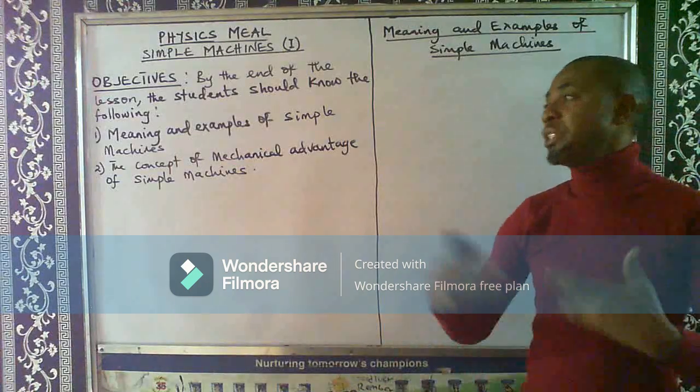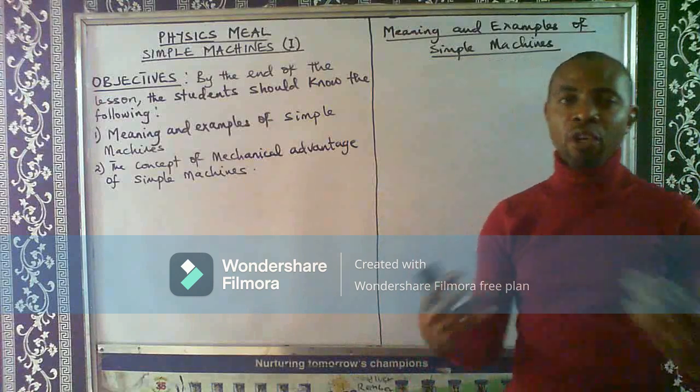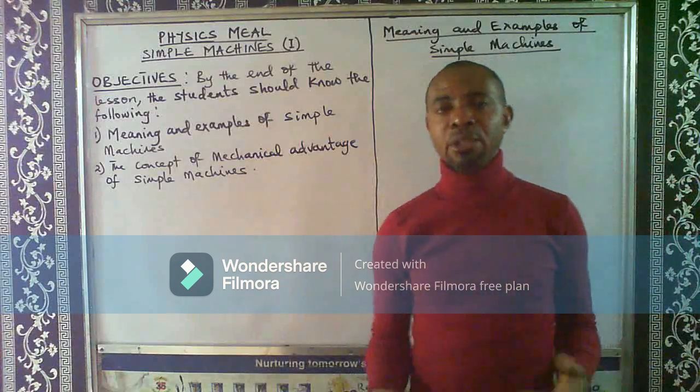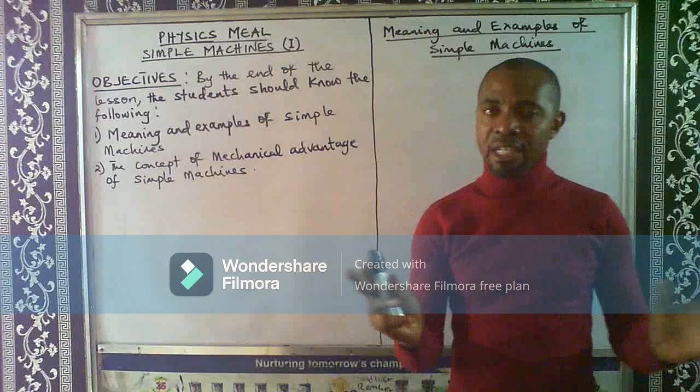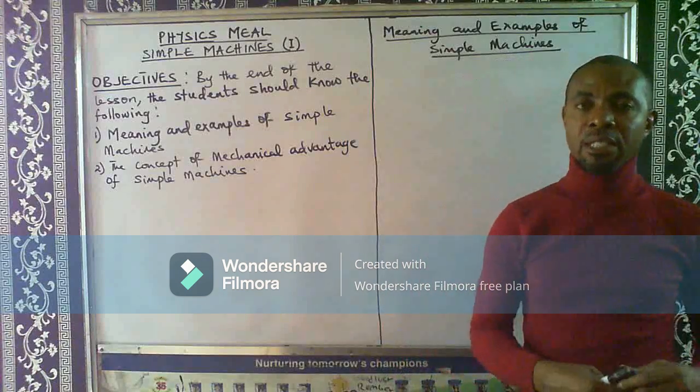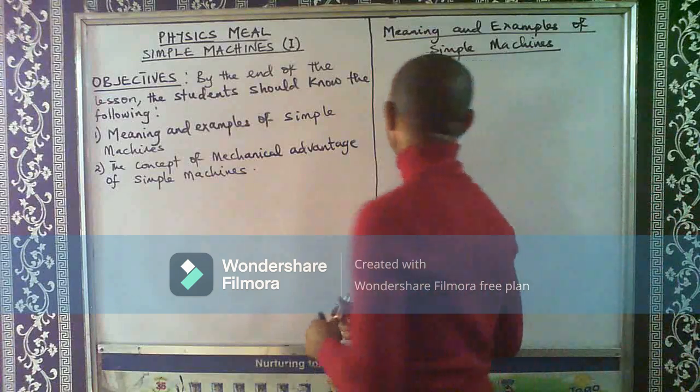Some people can say a machine is an apparatus or a device that helps us to do work easily. That's wonderful. But let's take this definition as far as a machine is concerned.